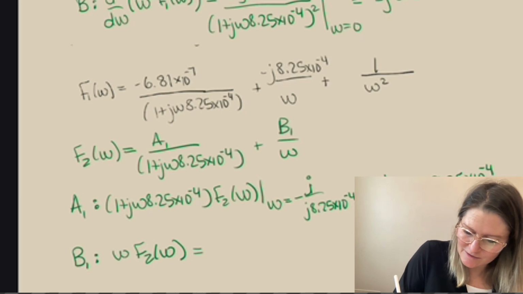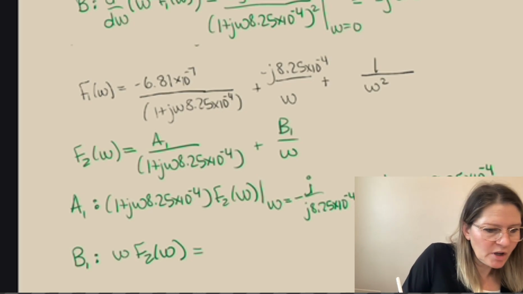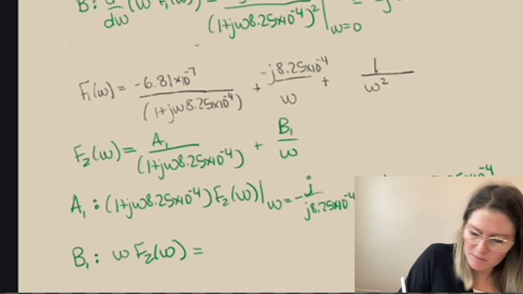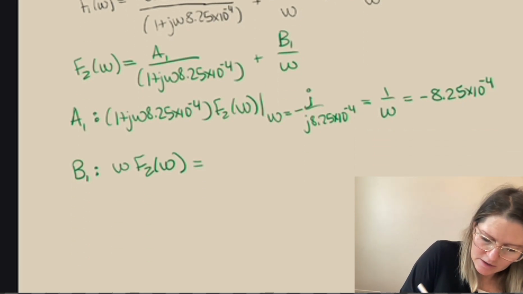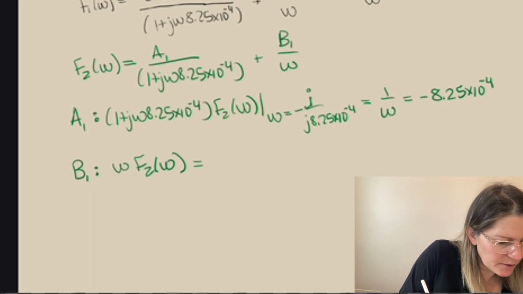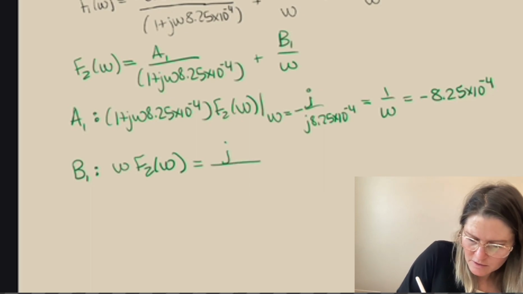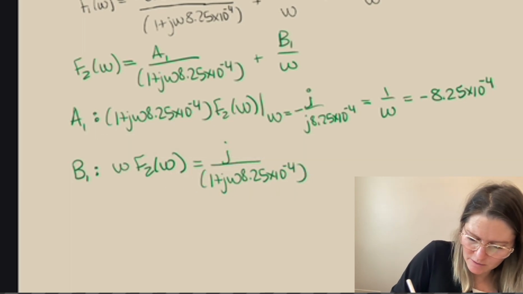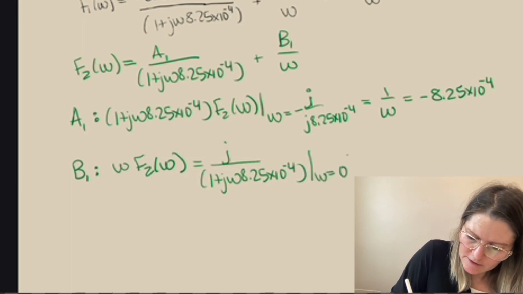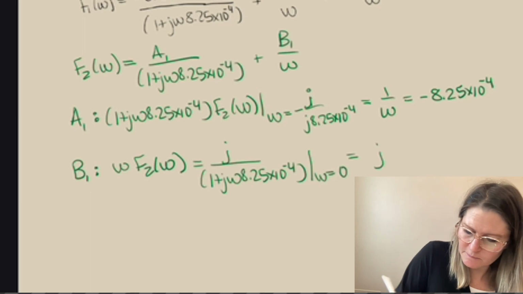So the j's cancel, which is why I end up with a minus 8.25 times 10 to the minus fourth. And then on this one, I end up with a j over that quantity evaluated at 0, and so this leaves me just with a j.